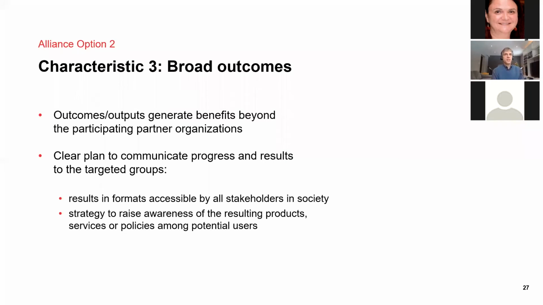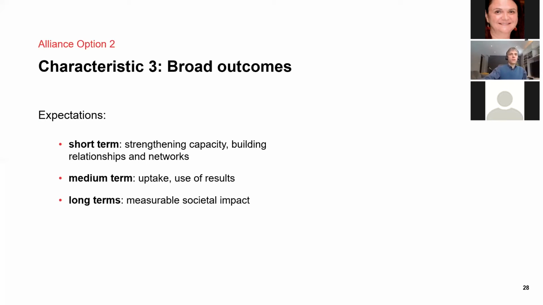And the third characteristic is broad outcomes. Basically, we want the targeted groups that this need is addressing to be kept informed of progress and results. We also ask that the team has a strategy to raise awareness of the products, services, and policies that are going to come out of it.